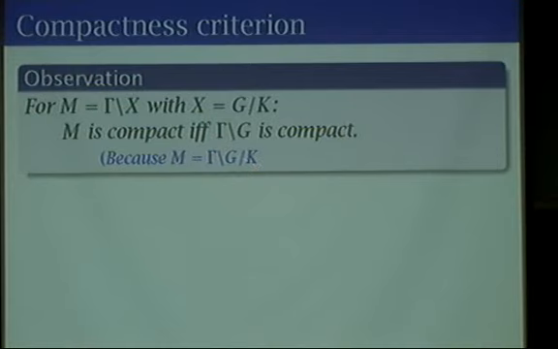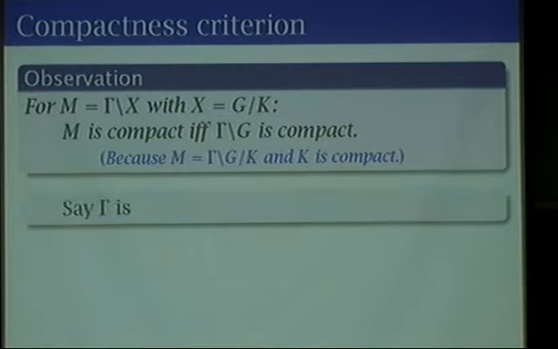If you mod out by a compact group, it can't take something non-compact and turn it compact. So that's not too much. Figure that out for yourself. But anyhow, it's clear that if M is compact, then G mod gamma is compact and vice versa. The obvious direction is that if G mod gamma is compact, then obviously M is compact, even if K weren't compact. The converse needs the fact that K is compact. So they're a compact distance from each other, so if one of them is compact, the other is compact.